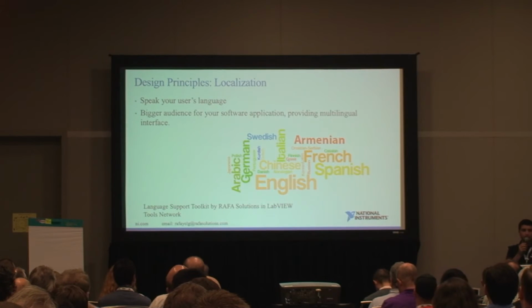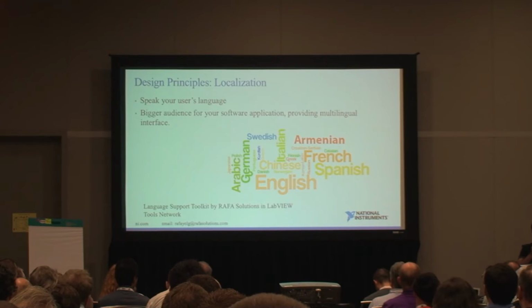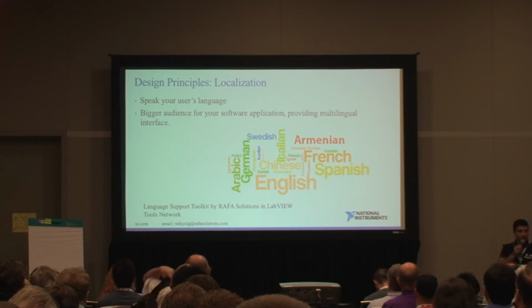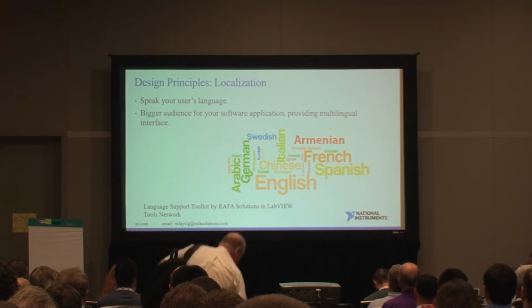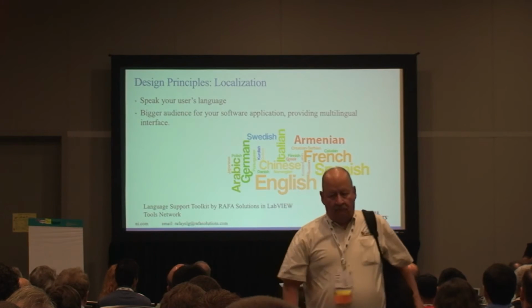You just need to provide the environment to some operator. They enter all the words, and then the application automatically adds those. Everything gets changed, including the menus, almost everything that is possible to be there in LabVIEW. So using this kind of localization toolkit or doing it yourself, it's really important to have a more user-friendly environment.